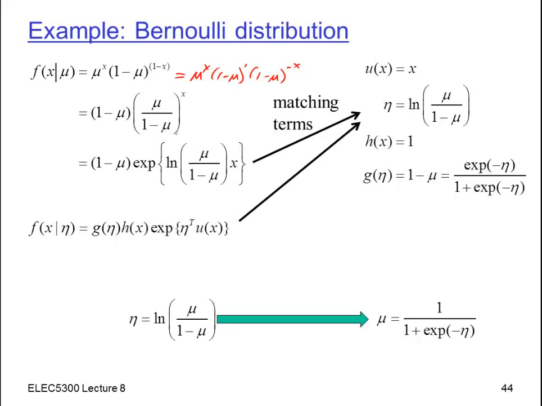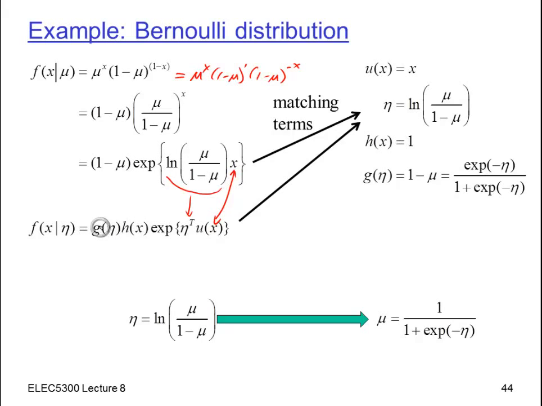So the first thing I'll do is match this term and this term, so you can see here that u of x is just simply x. The parameter eta is just log of mu divided by 1 minus mu. H of x doesn't appear here, so we just have h of x is equal to 1.